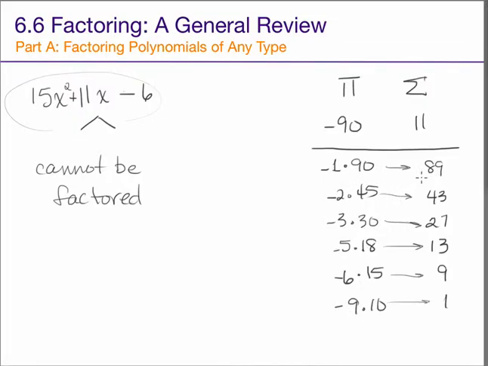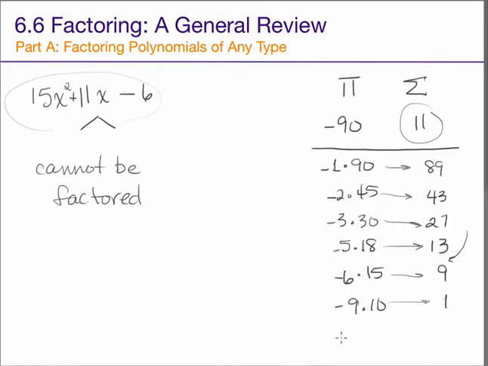Find the sums of those products, and look for the number that matches this one. We've always found one before because I've always given you problems that will factor in order to show you how to do it. But not all trinomials factor. There's no 11 in this list. Yet this is a complete list of all the ways to write negative 90 as a product of two numbers.